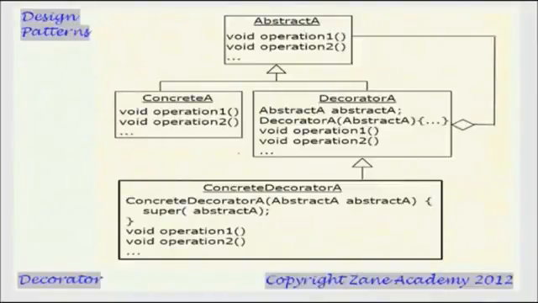Essentially, the decorator pattern is a structural pattern, one of the structural patterns, and what it does is add functionality to a class at runtime, where subclassing would result in a huge amount of new classes. So we get a big increase in new classes if we go with subclassing. So we go with delegation with a decorator pattern.